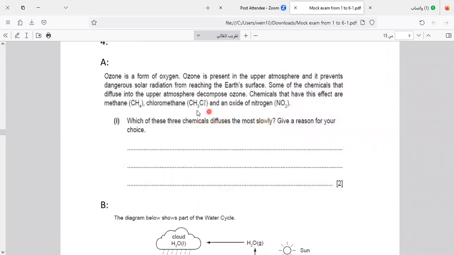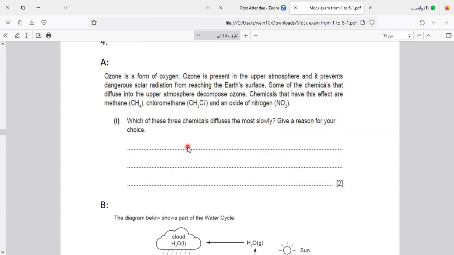Which one diffuses most slowly? Chloromethane. 2 marks for the question, as you see. Here, you will say chloromethane, CH3Cl, because it has the highest molecular mass. You must choose one and mention why this one diffuses most slowly.